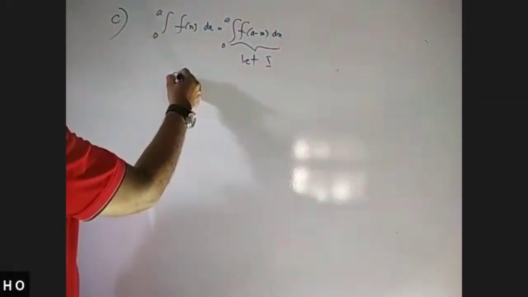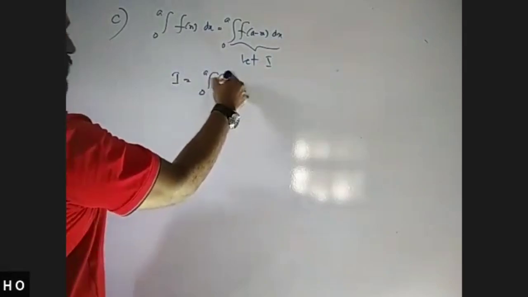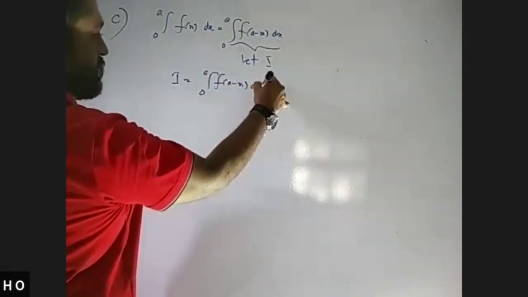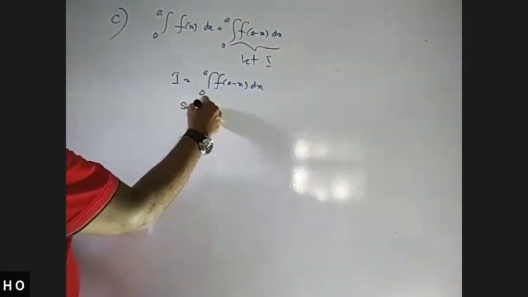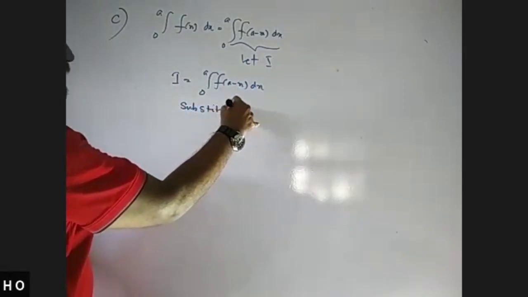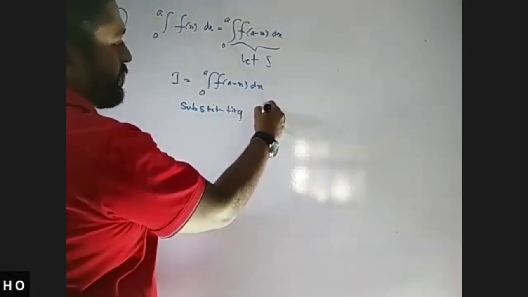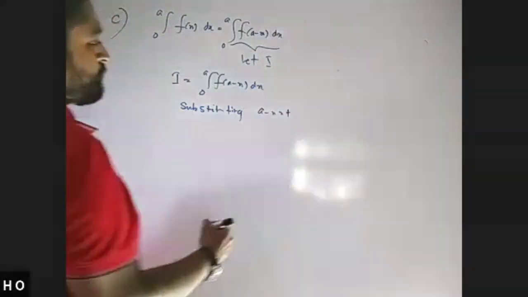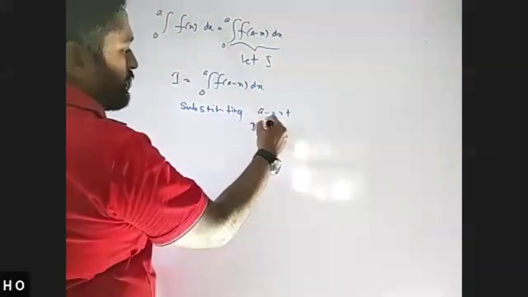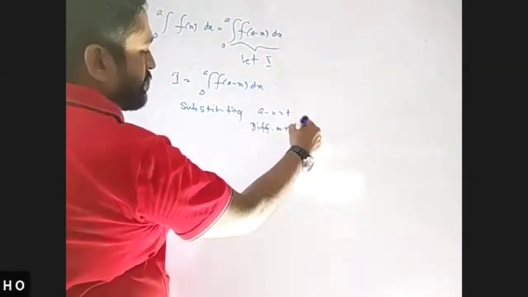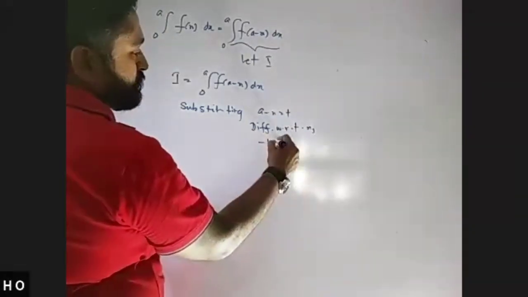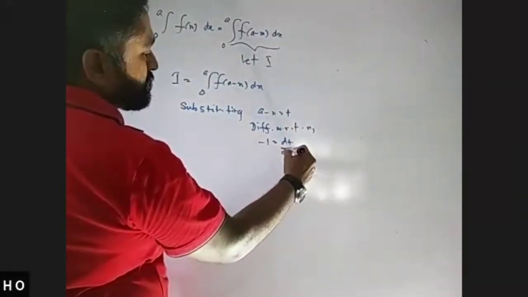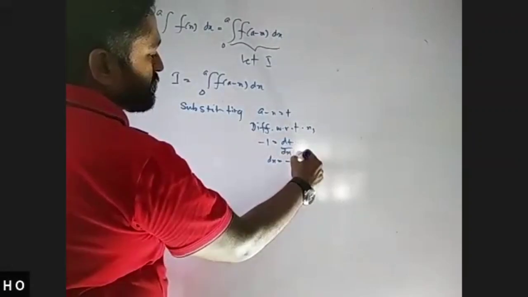So now I equals the integral from 0 to a of f(a minus x) dx. You have to substitute. This is the formal proof. Substituting a minus x equals t, differentiate with respect to x: minus 1 is dt by dx, so dx is minus dt.